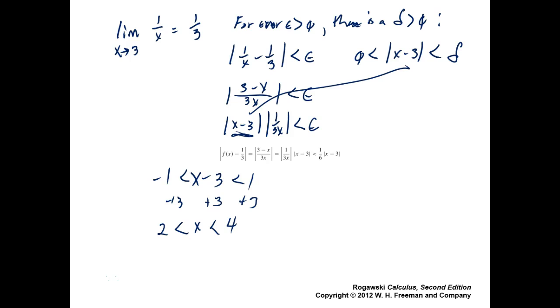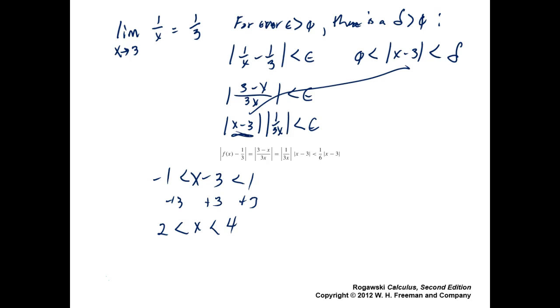Plug in the 2, you get 1 over 6. Plug in the 4, you get 1 over 12. Which of those is larger? 1/6. So we're going to go with 1/6.